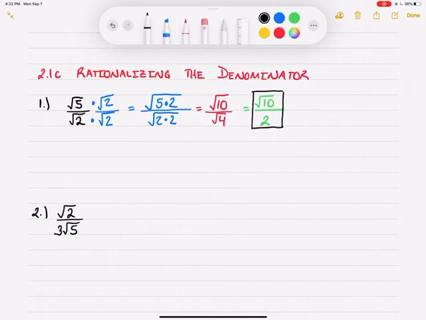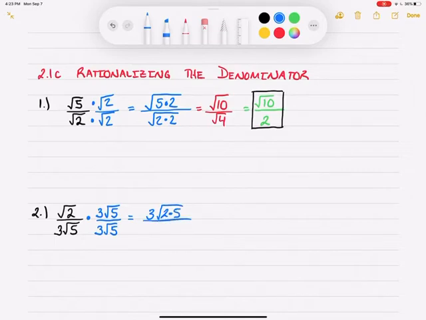In the second example, I have the square root of 2 divided by 3 square roots of 5. So what I'm going to do is multiply the top and the bottom of this equation by 3 square roots of 5. When I do this, up top I have 3 times the square root of 2 times 5.